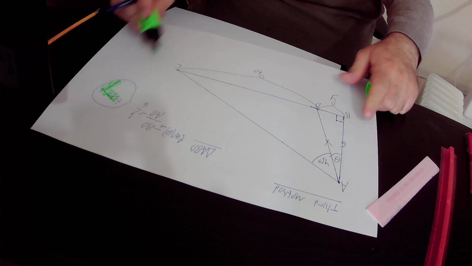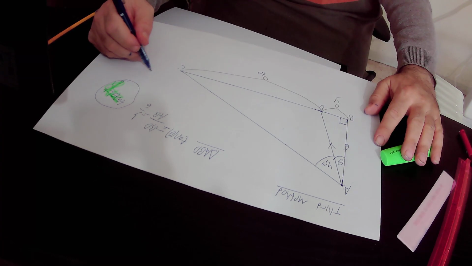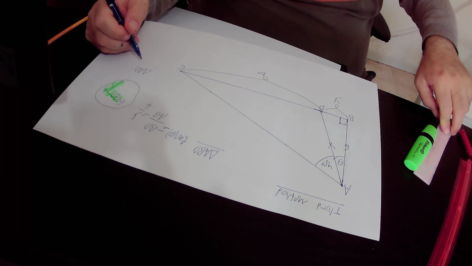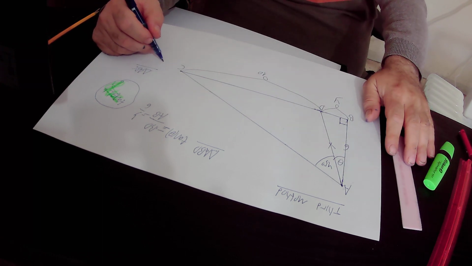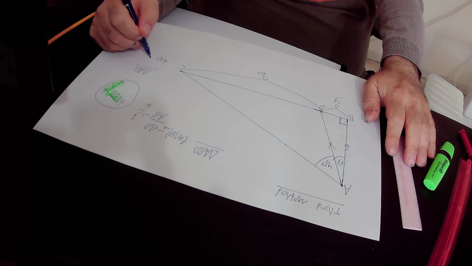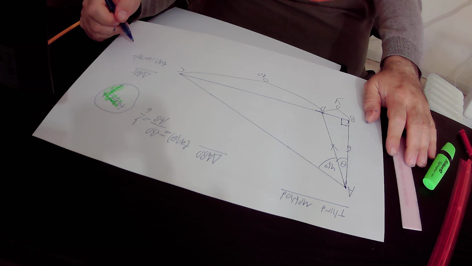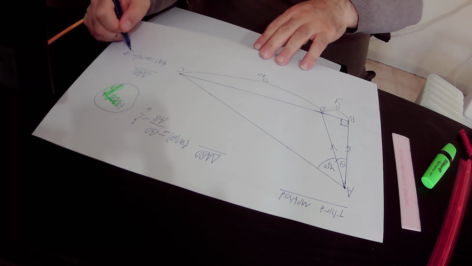In the next step, we will focus on the right triangle, triangle ABC, the right big triangle, triangle ABC. In the right big triangle, triangle ABC, tangent theta plus 45 degrees equals BC over AB.